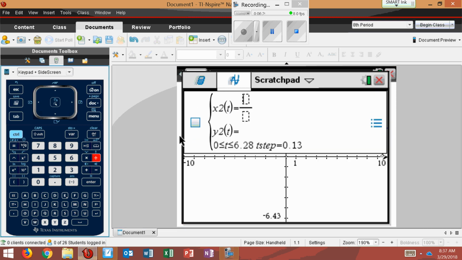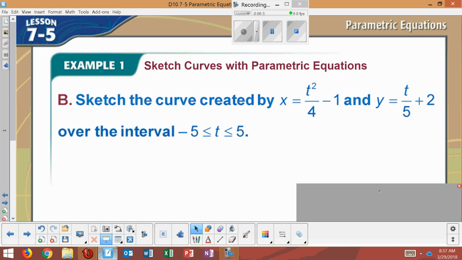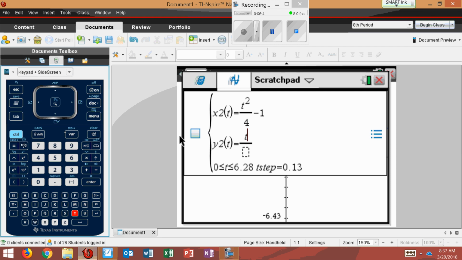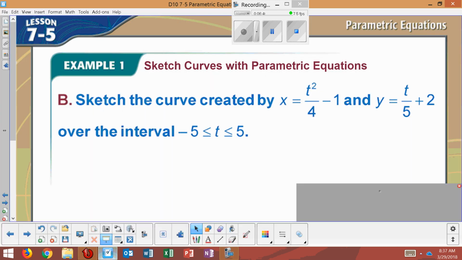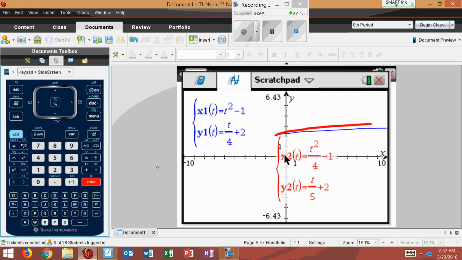It was t squared over 4 minus 1. So again, we should be shifted left 1 unit, we would assume. And on the bottom, it was t over 5. And it was shifted up 2. Again, we're at assume. Sometimes it can be thrown off a little bit, but we'll get there.